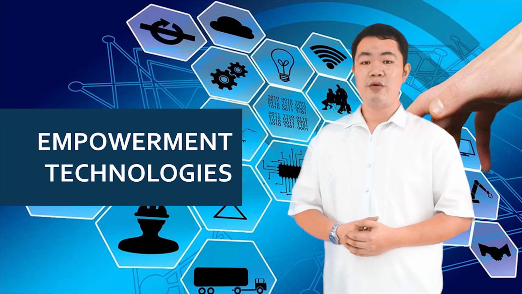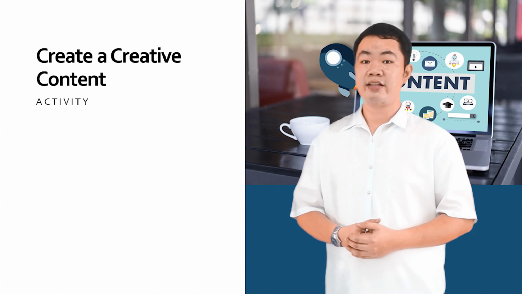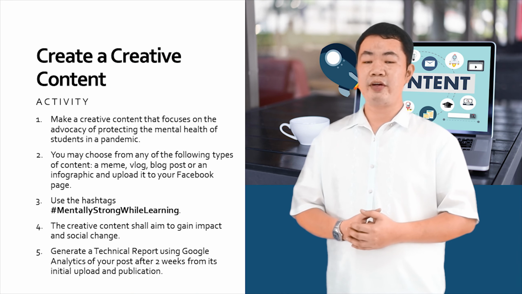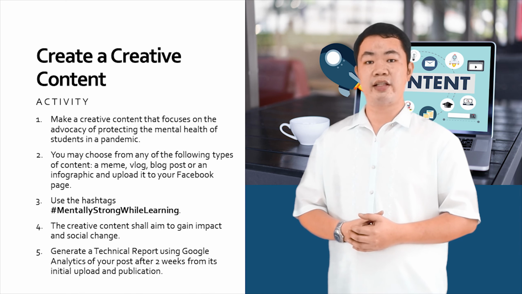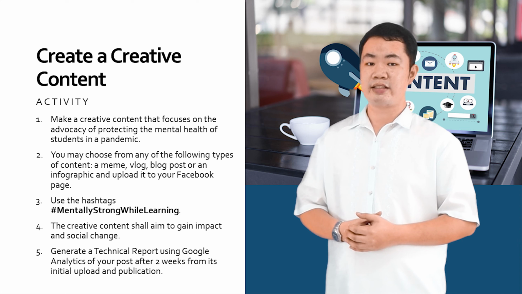And now, for the additional task of today's lesson, here are the instructions. Number 1, make a creative content that focuses on the advocacy of protecting the mental health of students during the pandemic.